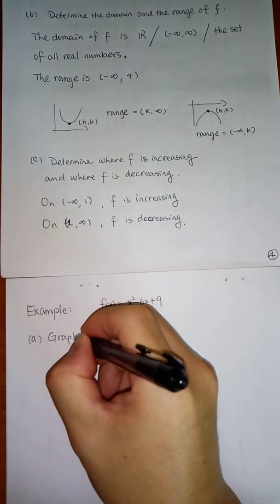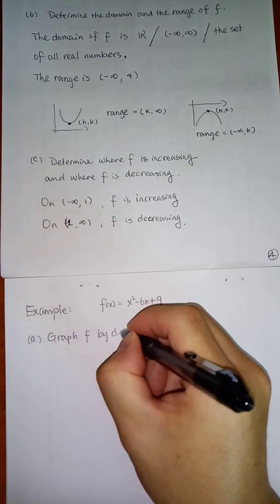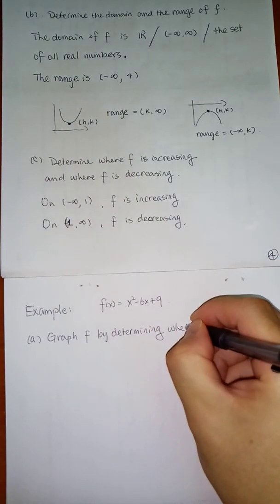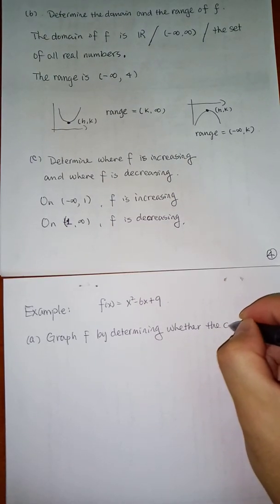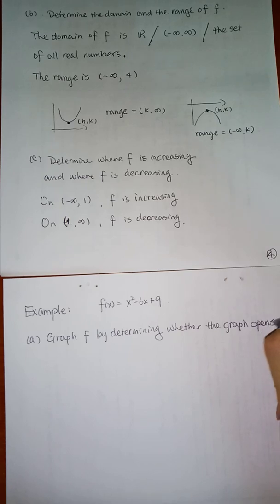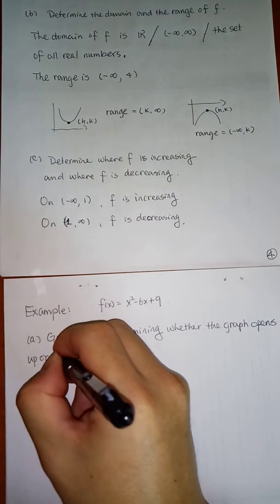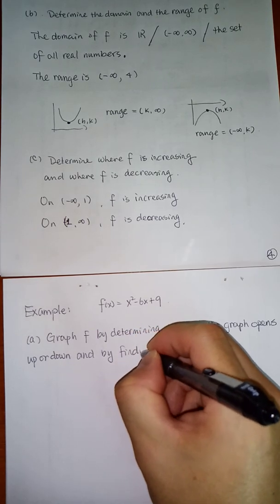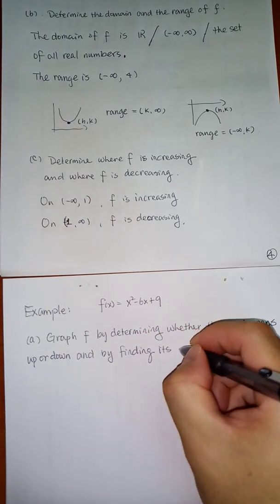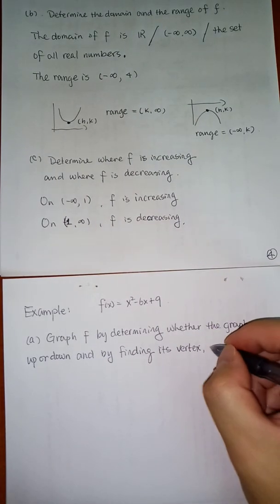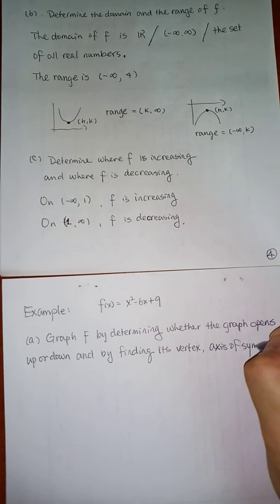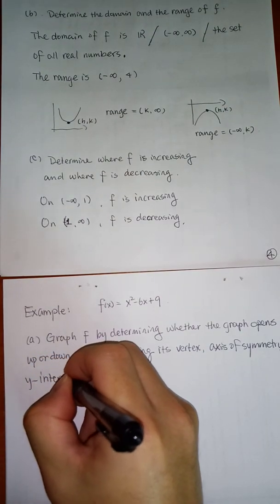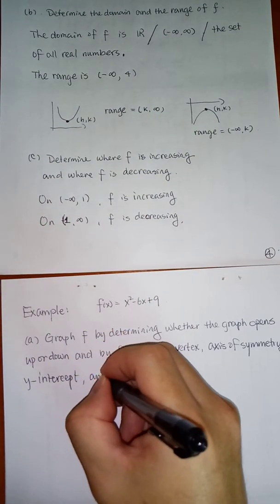Graph f by determining whether the graph opens up or down, and by finding its vertex, axis of symmetry, y-intercept and x-intercept.